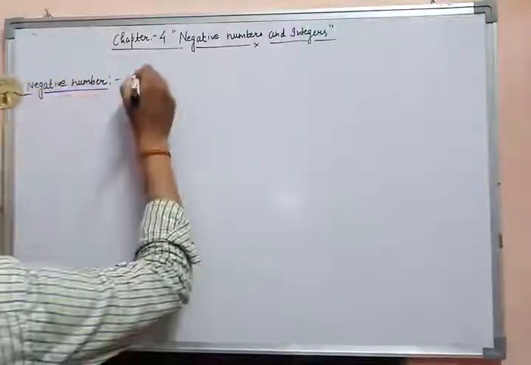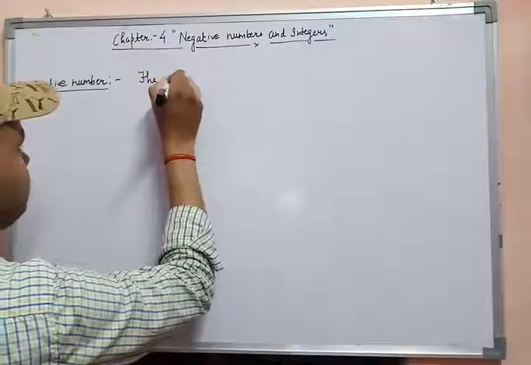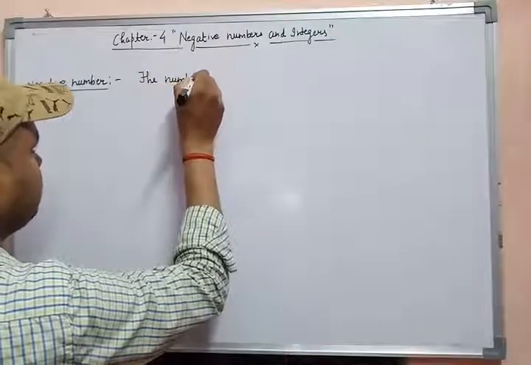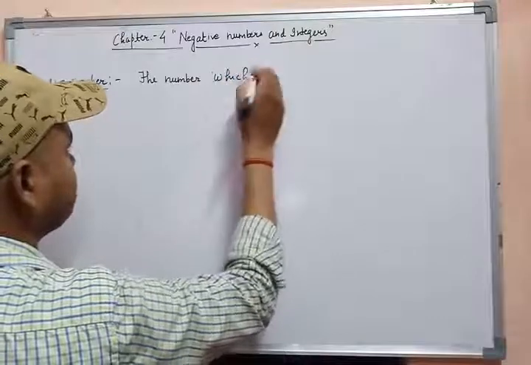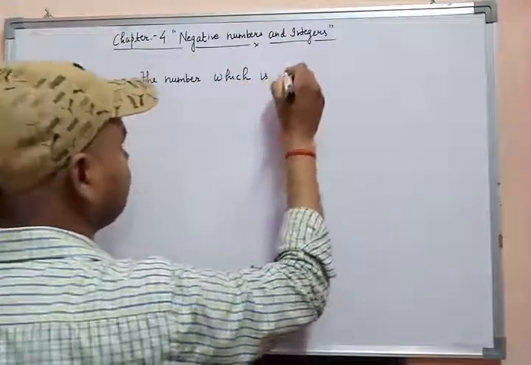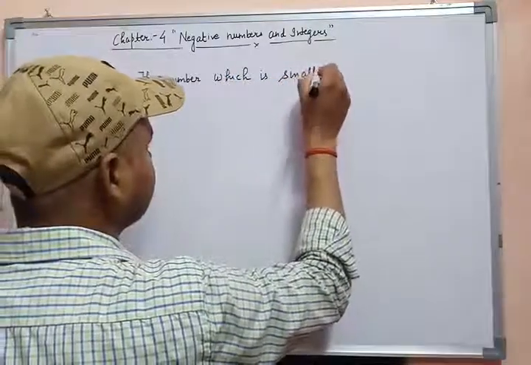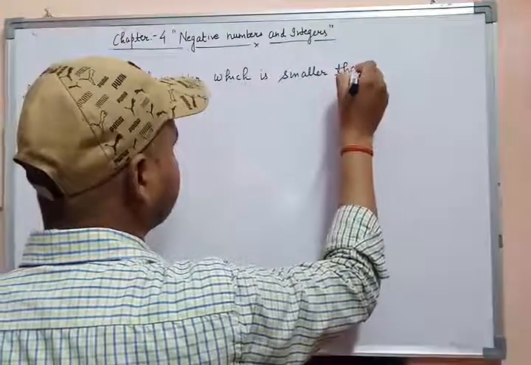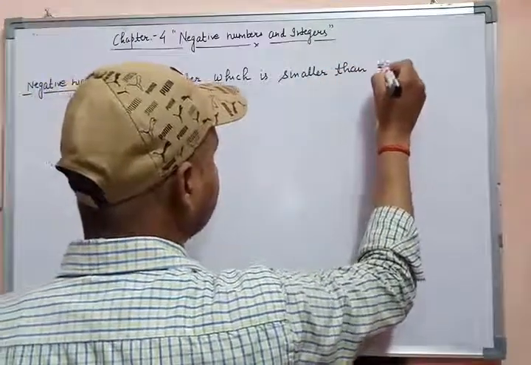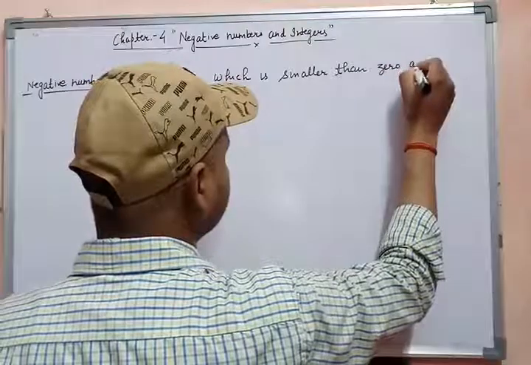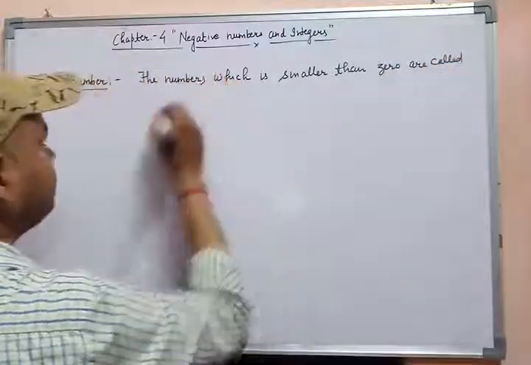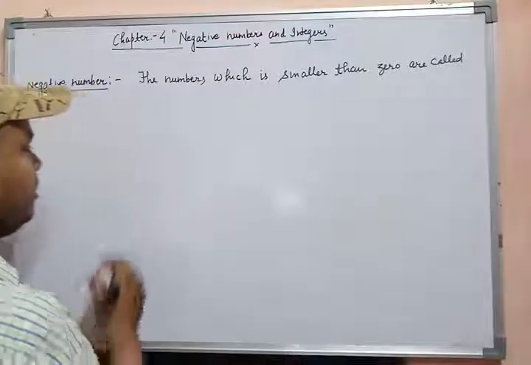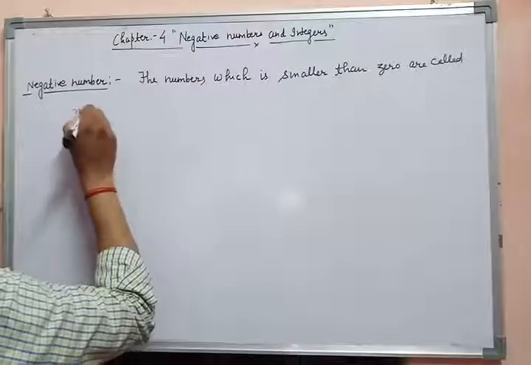The numbers which are smaller than 0 are called negative numbers.